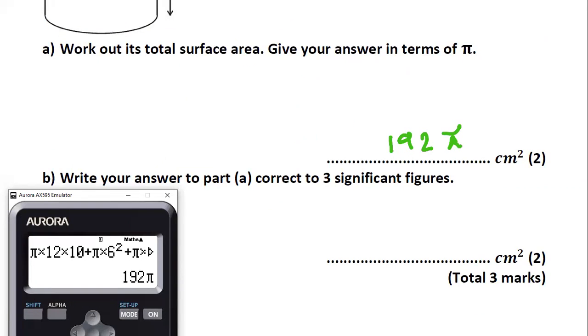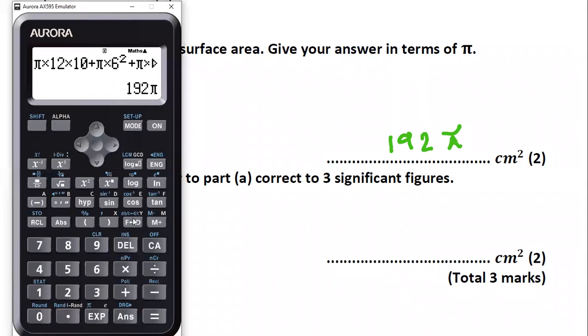Moving to part B of the question, it says, write your answer to part A correct to 3 significant figures. For this one, I have to use the calculator, and if I press this button here, which is F to D, but some calculators, as I've told even previously, can be S to D, this gives me 603.1857895.